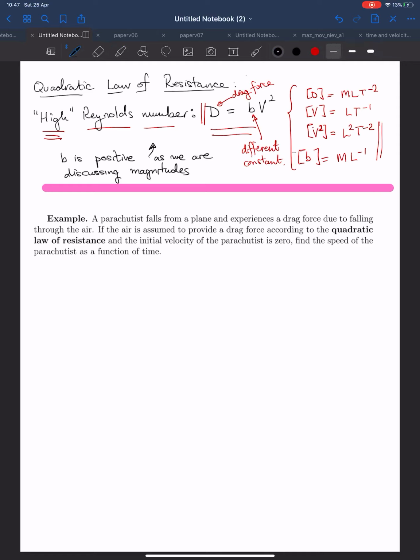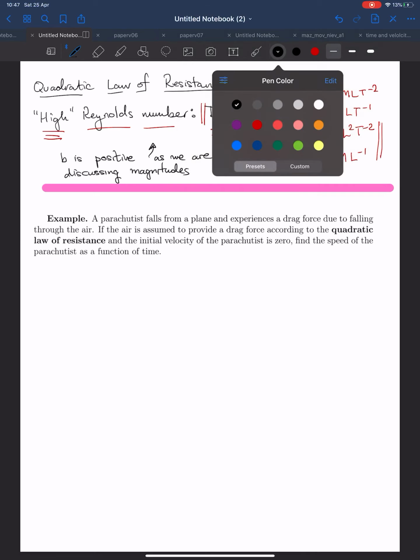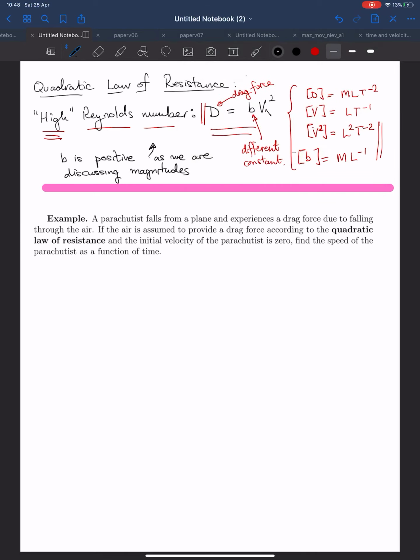Basically it says if we have an object moving with the speed v through some resistive medium, then sometimes you can experience a drag force which has the magnitude equal to b times v squared. In other words, the force you experience is proportional to your velocity squared.